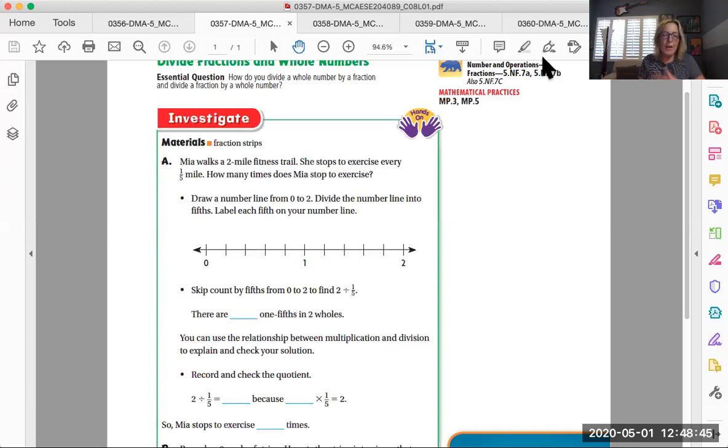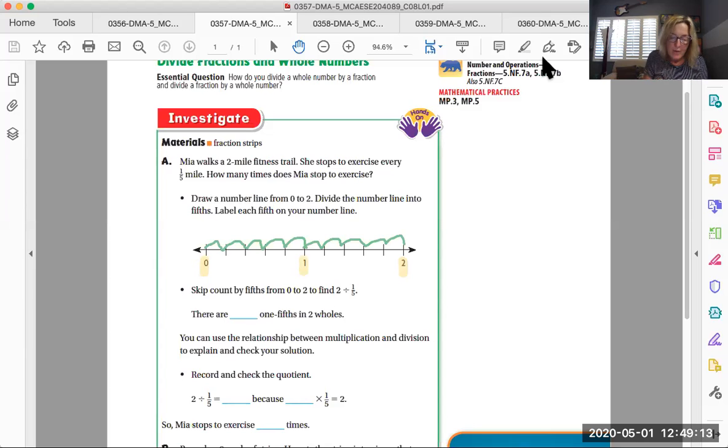On the number line, we see intervals numbered 0, 1, and 2. But in between the 0, 1, and 2, we have some equal parts. If you look at the number of equal parts, there are 1, 2, 3, 4, 5, and then 1, 2, 3, 4, 5 again. So those equal parts would be fifths.